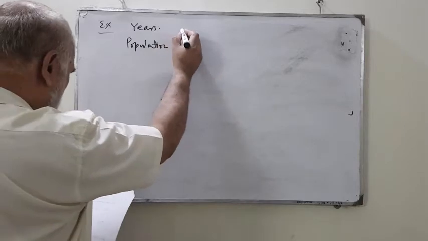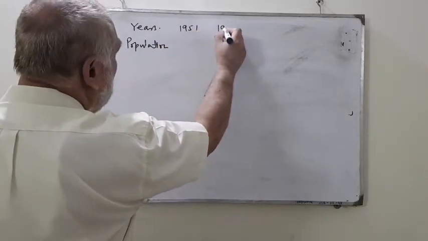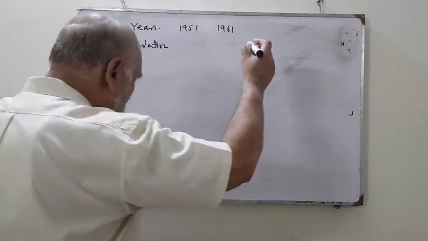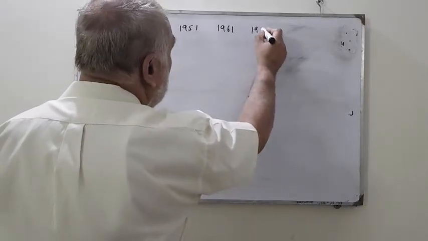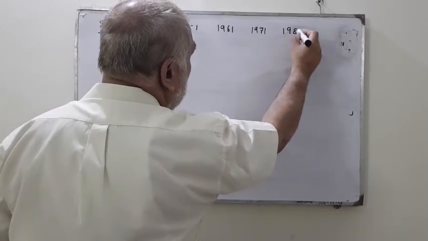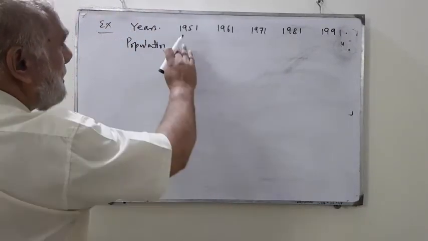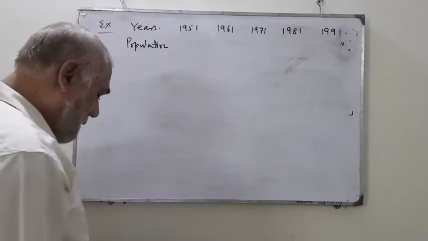So in 1951, 1961, 1971, 81, and 1991, these are the 5 years.